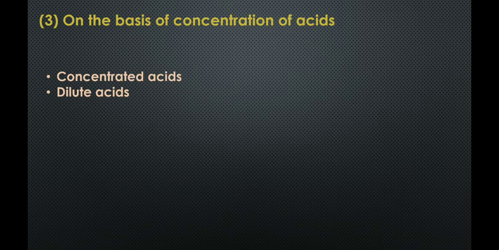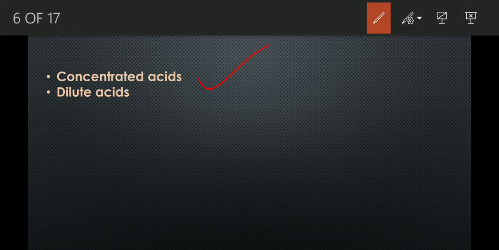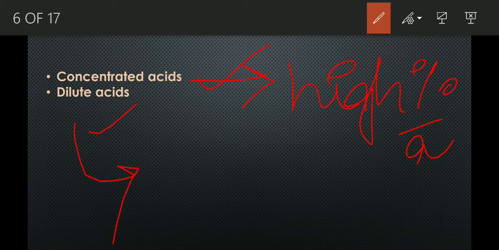Next category is on the basis of the concentration of acids. Depending upon that, two categories are there. One, concentrated acids, another dilute acids. Concentrated acid means an acid which has a relatively high percentage of acid, and dilute acids have a low percentage of acid.